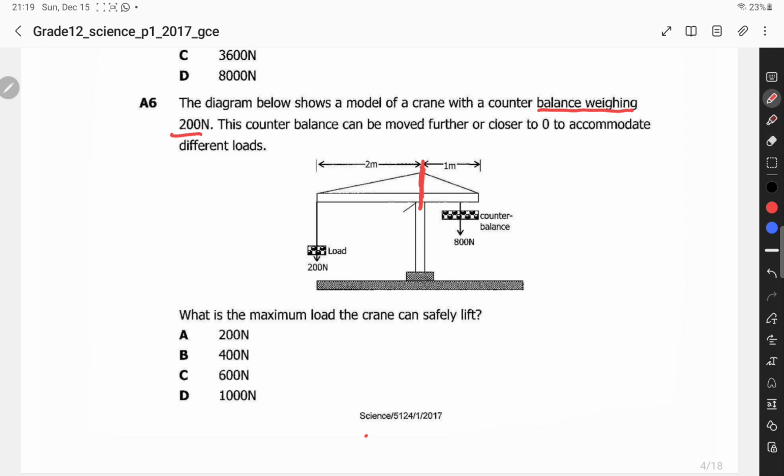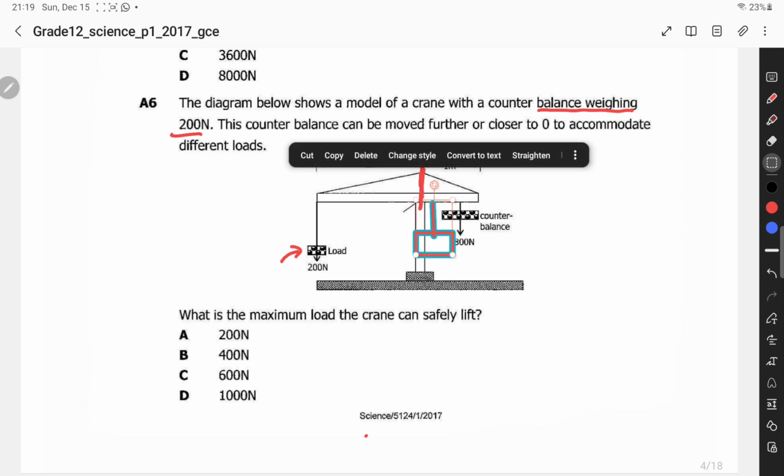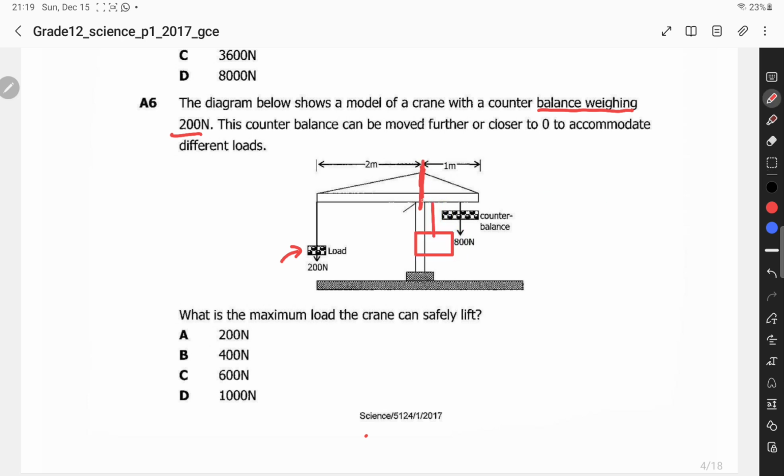Okay, so how does it work? When it comes to a crane, you have a weight this side, and the weight is used to support whatever we are trying to lift on the other side. If we're trying to lift something very small, the counterbalance is shifted closer to the pivot so that we reduce the distance from the pivot to the counterbalance. We know moment is force times distance.